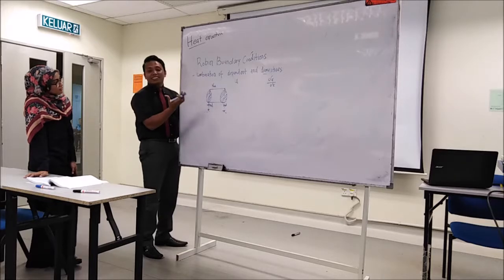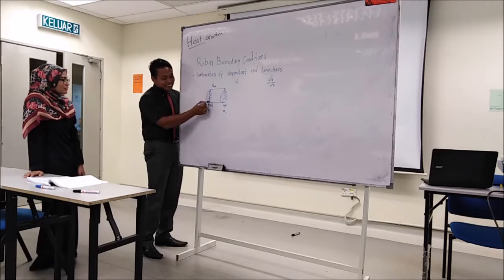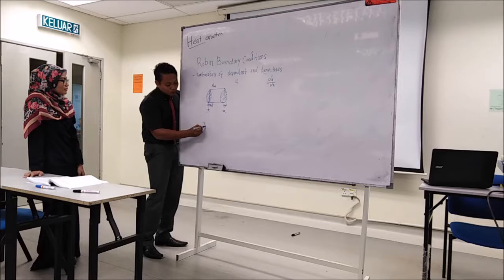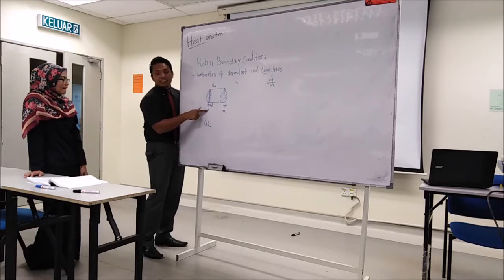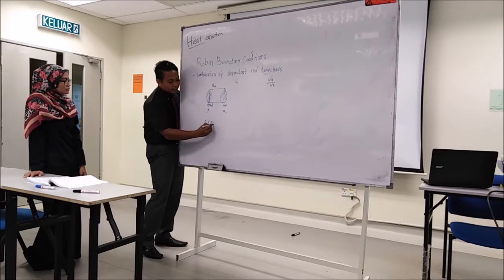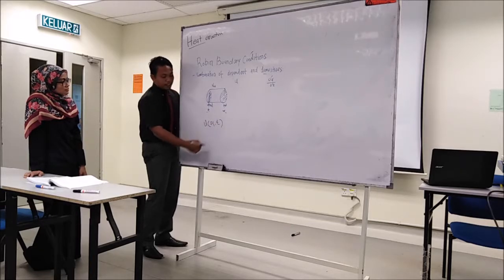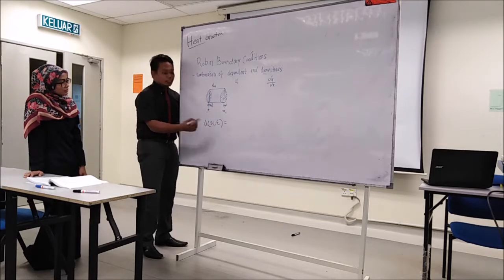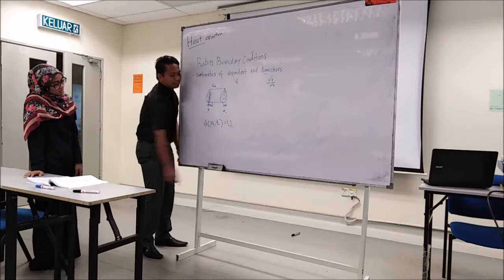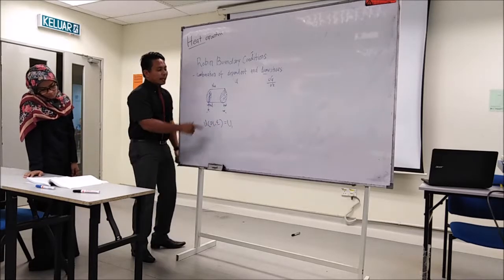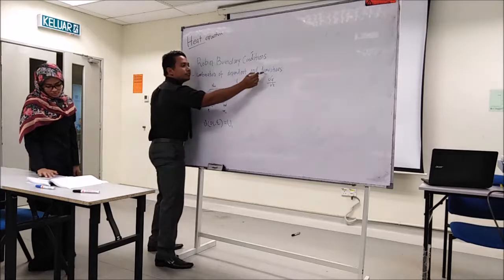This is the boundary condition. So this temperature U at this point x1, dependent on time also, is known. For example, denote that as U1. And at this end, the derivative.